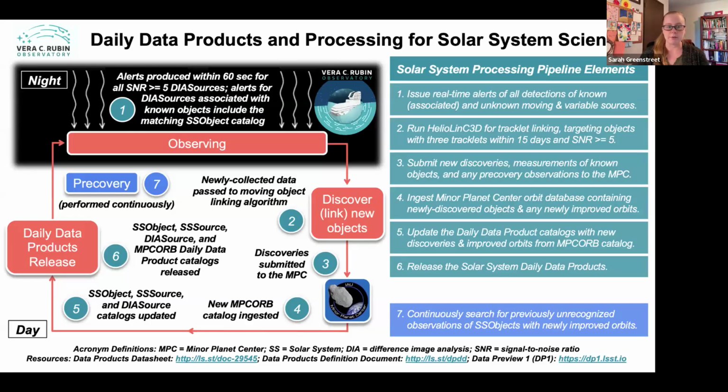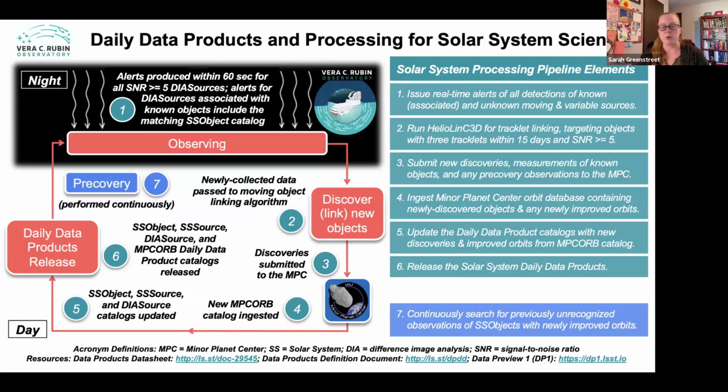While the telescope is observing, alerts are going to be produced within 60 seconds for all of the signal to noise ratio greater than or equal to 5 DIA sources. And those DIA sources that are associated with known objects, known moving objects, are going to include the matching SS object catalog in the alert that goes out. So throughout observing at night, alerts will be produced every night.